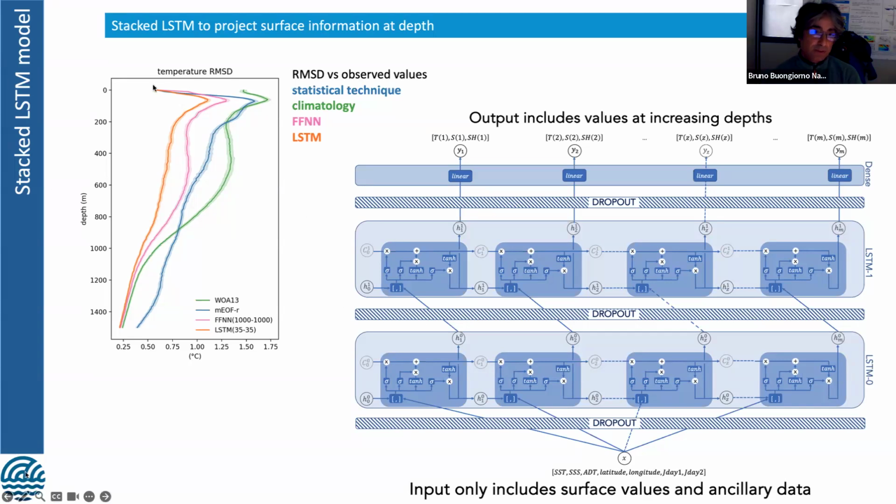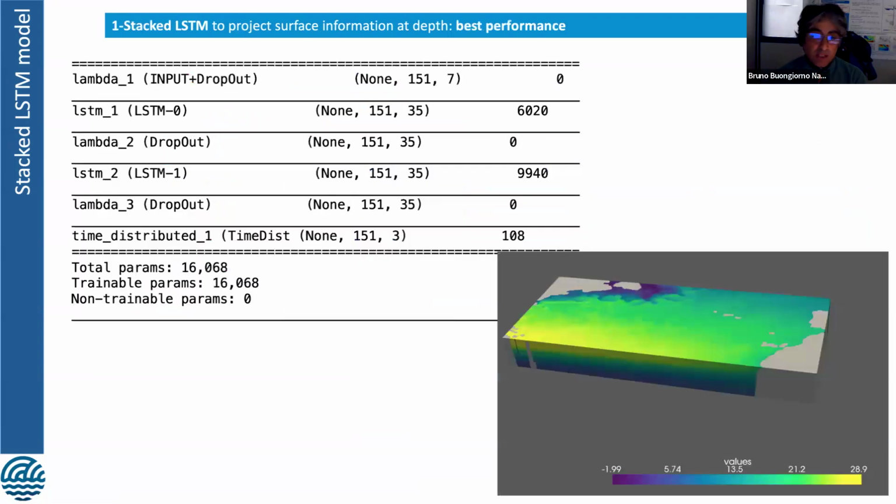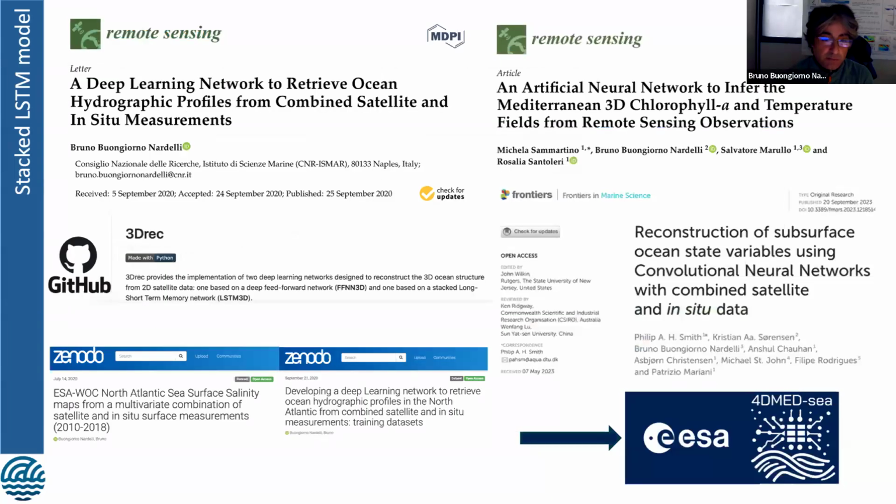Indeed, if we look at the errors, just using 35 units per layer, we improve significantly with respect to a simple feed-forward network where we had thousands of hidden units. The big advantage is that this network only requires 16,000 parameters, and so this is what we have used for the remaining part of the project.